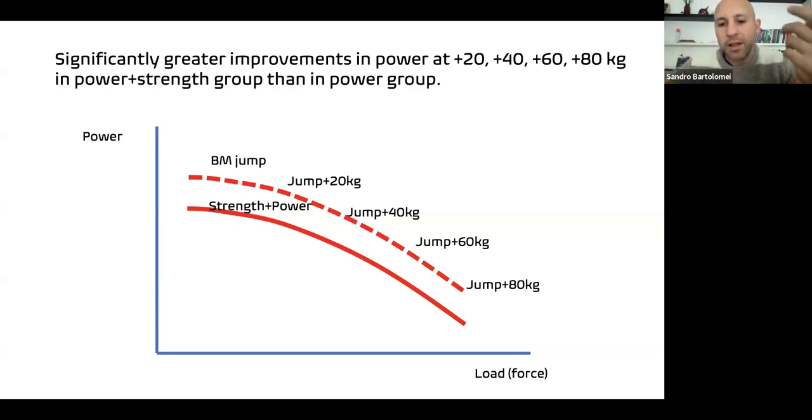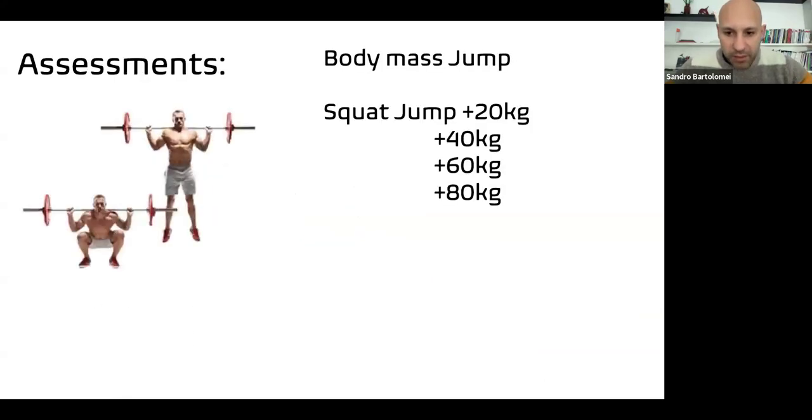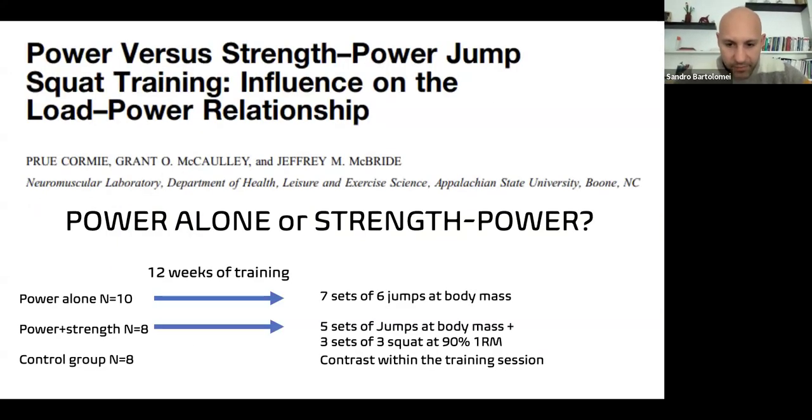jumps with additional loads. So I'm sorry, I think I made a mistake, because one group performed the jump at body mass, while the other group performed the jump always at body mass, but also performed high intensity squat.